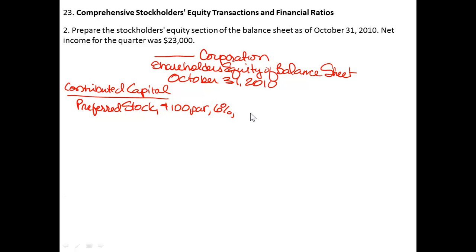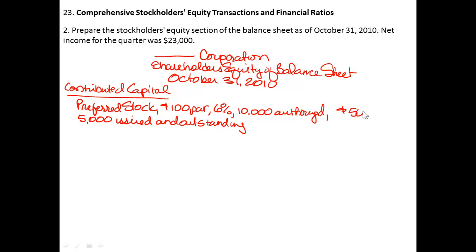And we also have to state how many shares are authorized, and according to the problem there were 10,000 shares authorized, and issued and outstanding are 5,000, because in our journal entries those were the ones that we sold, issued and outstanding.